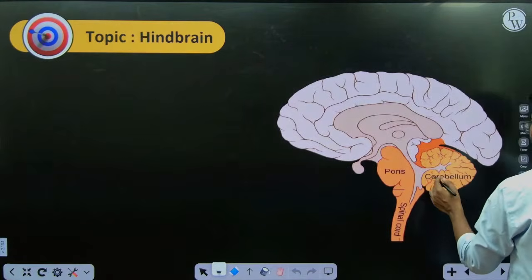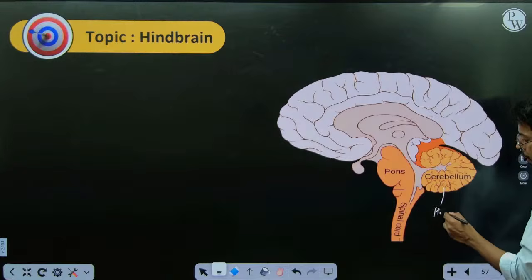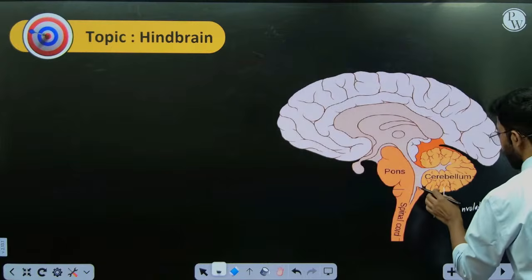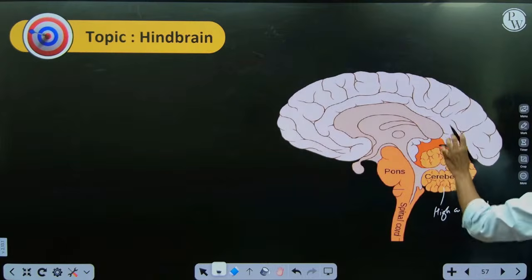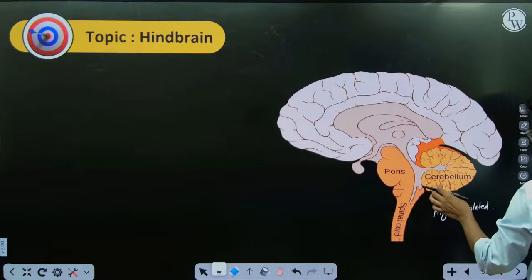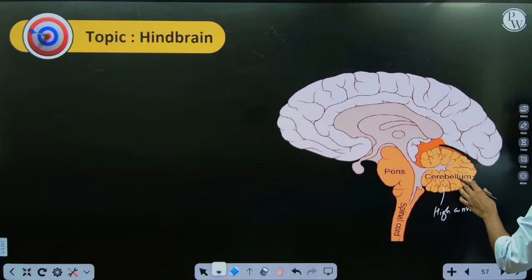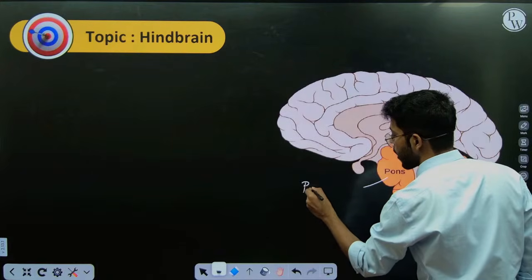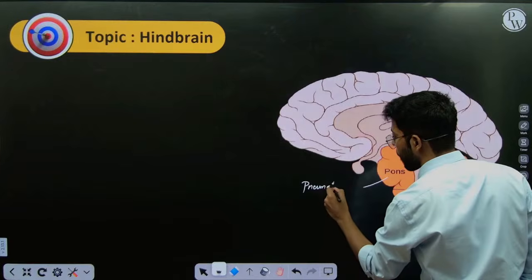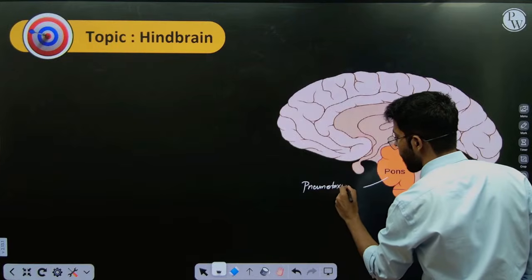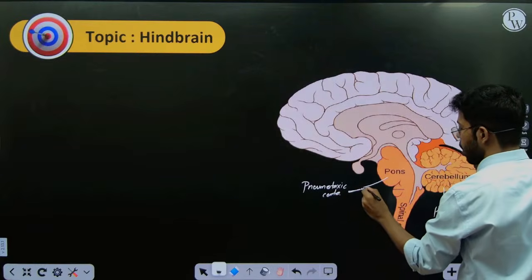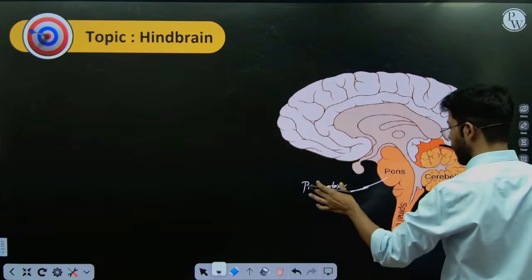Now the hindbrain. The cerebrum is highly convoluted. It has more and more gyri and sulci, and there is also space present for additional neurons. Now the pons has the pneumotaxic center, which regulates breathing.